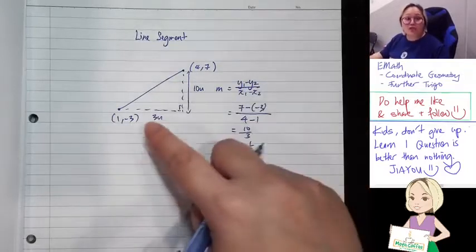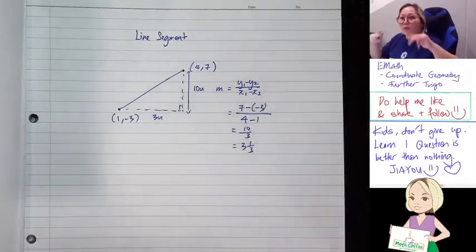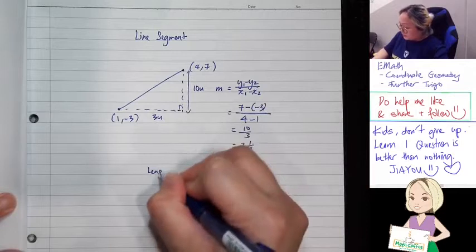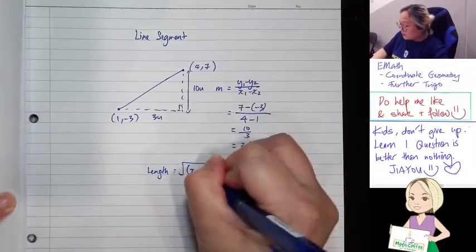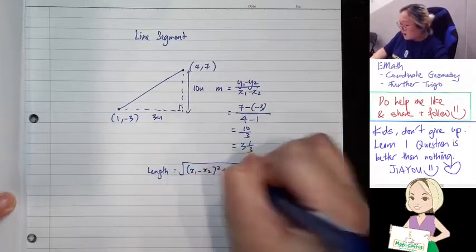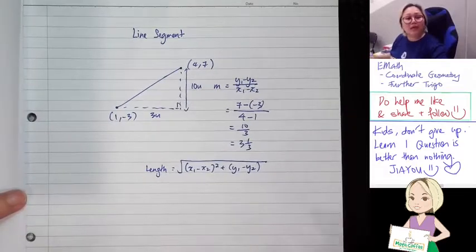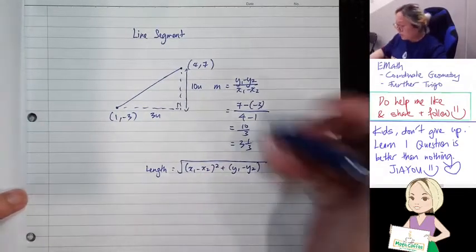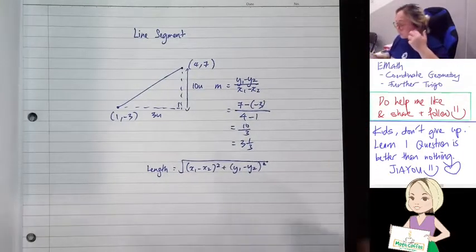It's 3 units squared plus 10 units squared, then the whole thing square root. So the formula comes from Pythagoras Theorem. The length will be square root of x1 minus x2 squared plus y1 minus y2 squared. You can also write x2 minus x1 squared plus y2 minus y1 squared. It doesn't matter, because after you square it, it's still the same number.